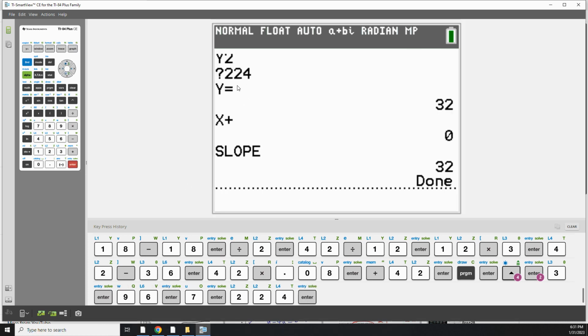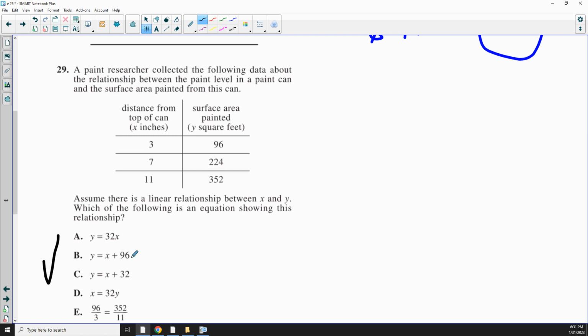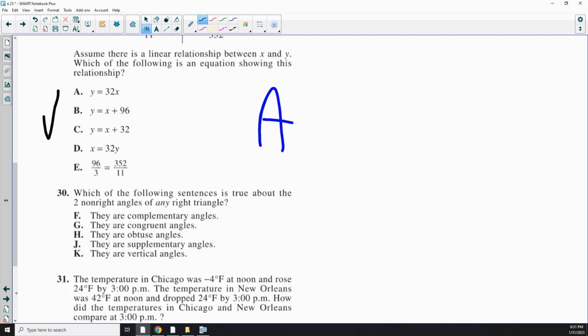Once I saw that y equals 32x, and there it is, choice A. Once I saw that they were linear, I knew what I was doing.